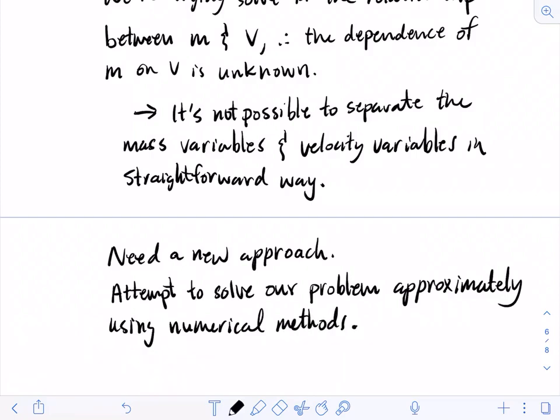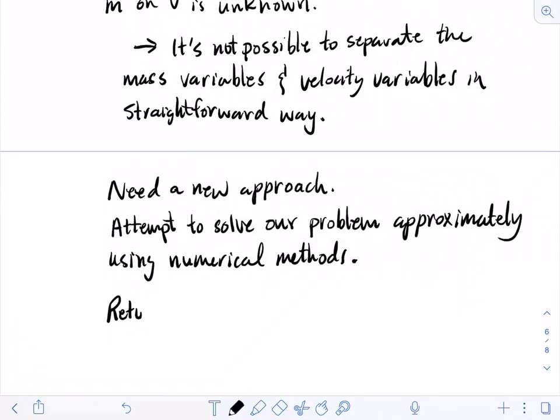And I think what we'll see is that although our solution will always be an approximate solution, we can make the approximation basically arbitrarily close to the exact solution in a simple way. And so let's look for that as we do this.